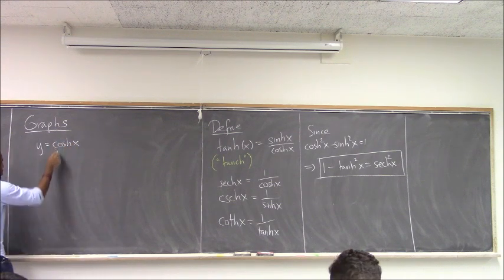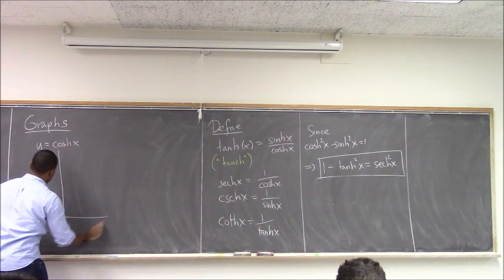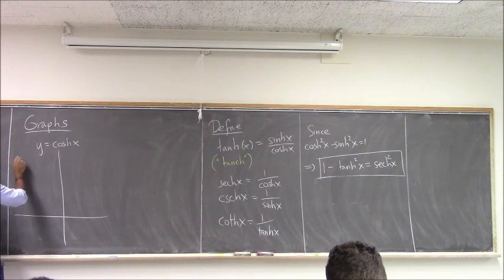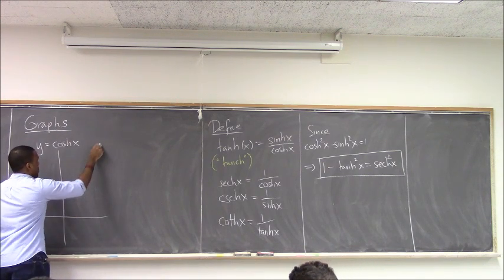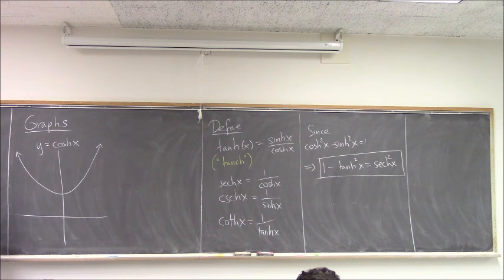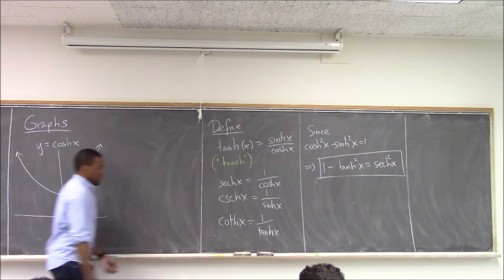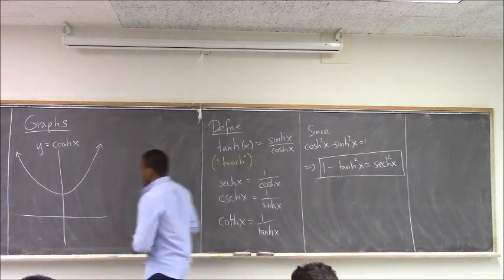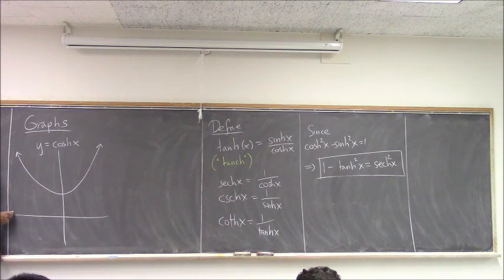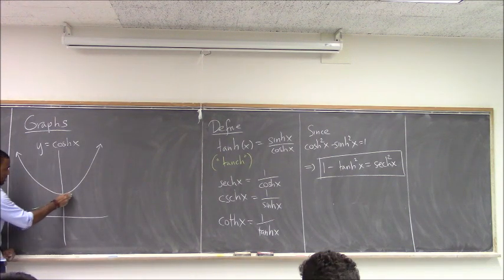Your cosh looks like, well, to the untrained eye, it'll look like a problem, but it's not a problem because it's actually asymptotic. So this isn't a part of the graph. I'm just showing you there's an asymptote.